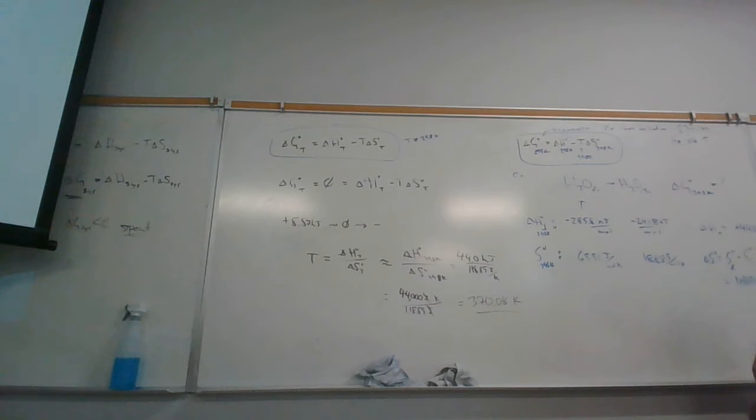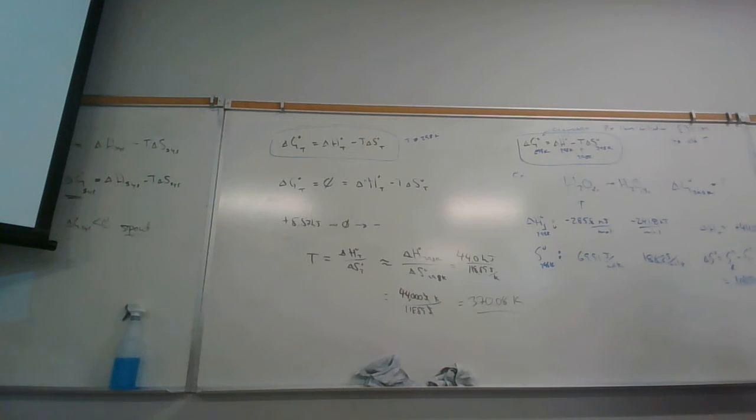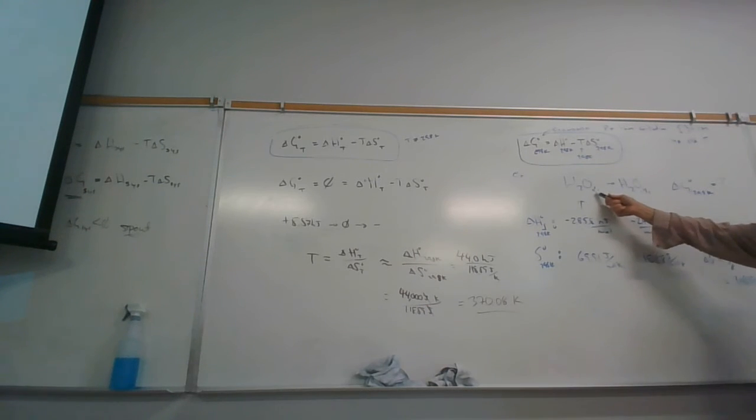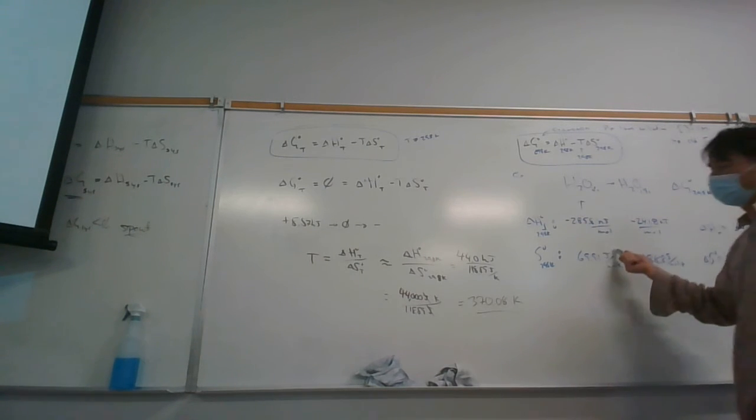We already know the temperature at which water boils. What temperature does water boil at? So in order to make this happen spontaneously, one way to do that is to increase the temperature. So if I want to convert water into steam, I'll increase the temperature to 100 degrees C. At 100 degrees C, it should boil. 100 degrees C is equivalent to 373 Kelvin.